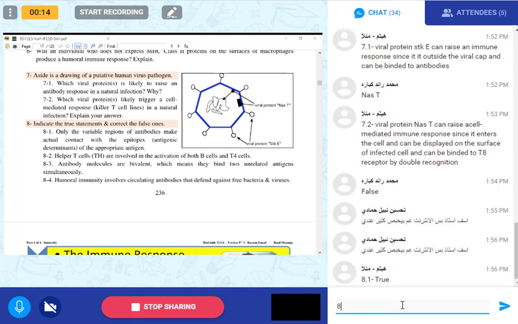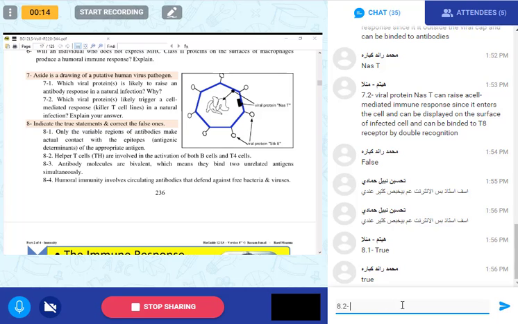A2: Helper T cells are involved in activation of both B cells and T4 cells. Is it correct?